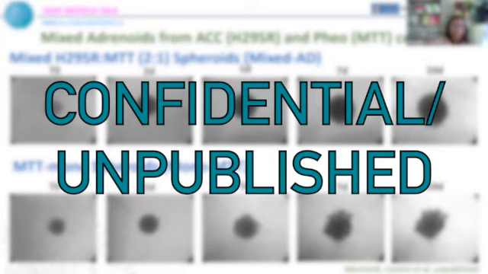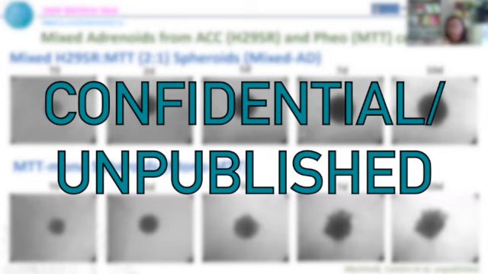And we mixed them together, and you can follow the growth in vitro of this mass. The spheroids in the lower part were obtained by using only MTT cells, which are derived from the pheochromocytoma cell lines. And here you can see the growth of the mass when you obtain the spheroids, the adenoids, by mixing the adrenocortical carcinoma cell lines and also the pheochromocytoma cell lines.